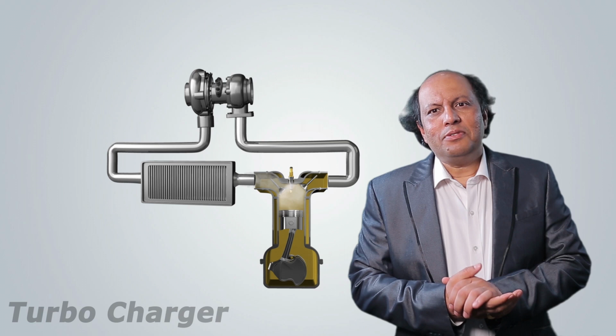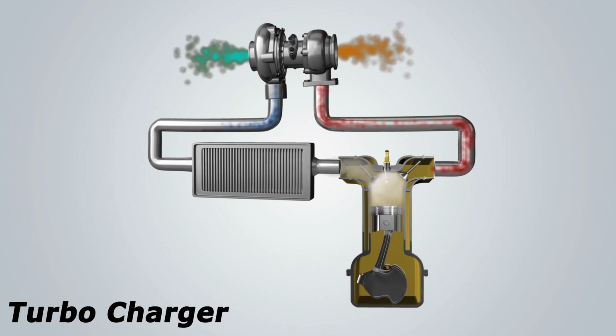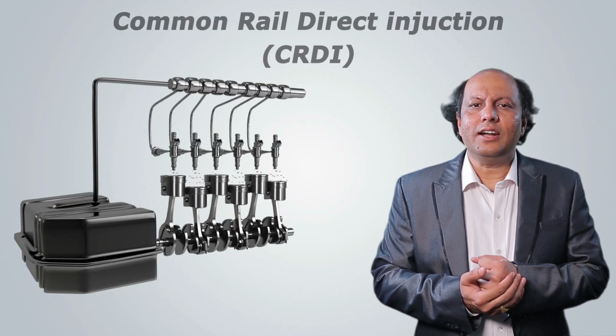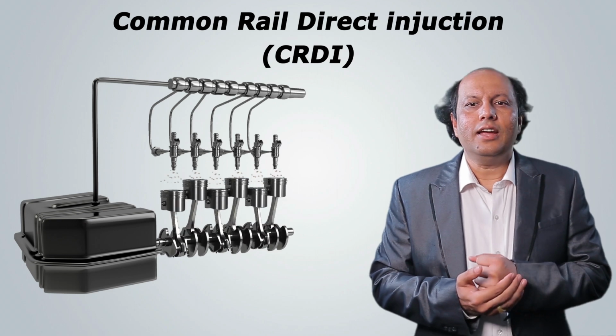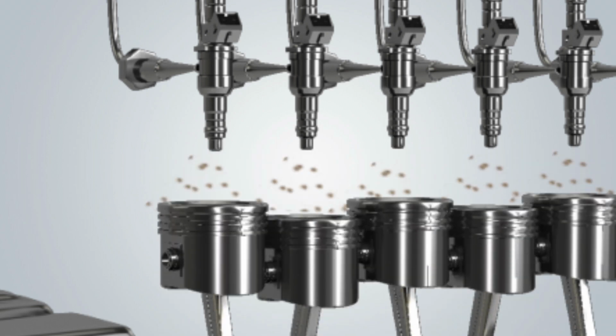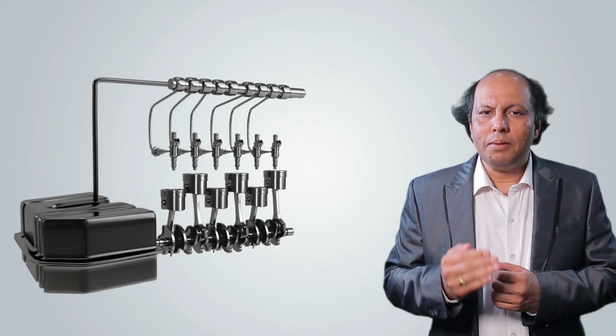A turbocharger has been fitted into a modern diesel engine to boost its power without increasing the cylinder capacity, and hence a smaller engine today can produce higher power than before. Modern DI engines employ CRDI or common rail direct injection that helps in deriving maximum combustion efficiency while helping the cause of reduction of harmful emissions from the diesel engine.